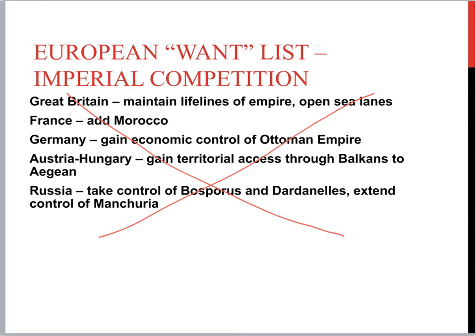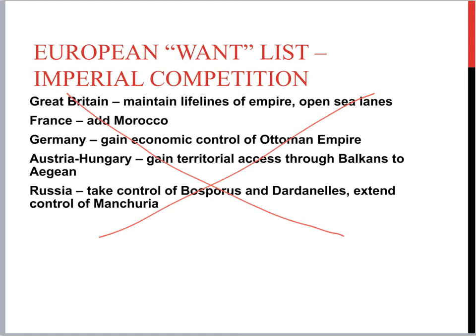If you remember the causes of imperialism, which was one of the questions in your packet, the reason imperialism occurred in the first place was partially because of the need for raw materials and markets for the industrialized powers in Europe.